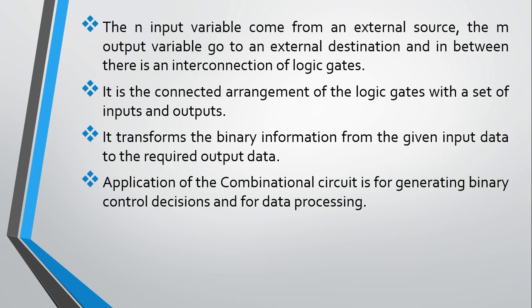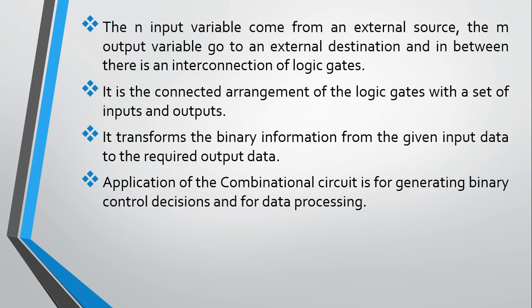So definitely, whatever logic gate you have used in a combinational circuit, the output will be based on the input as well as on the logic gates. It is a connected arrangement of logic gates with a set of inputs and outputs.